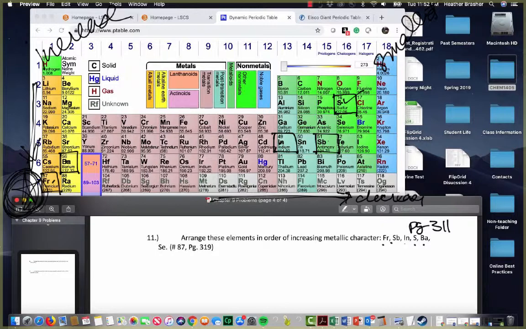So the sulfur is the smallest. And then, wait, do I have it? 1, 2, 3, 4, 5. No, 6. Oh, okay. Selenium is there.